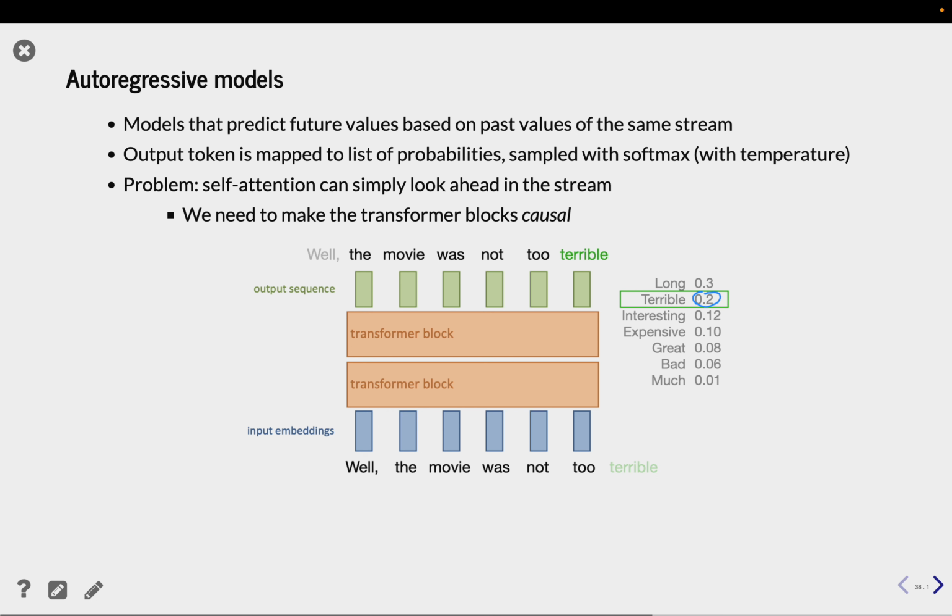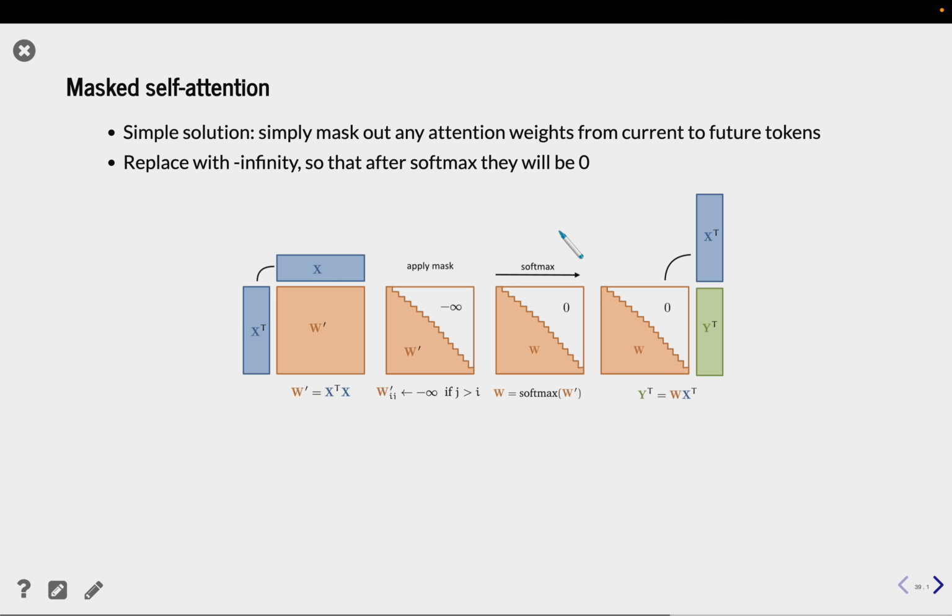One more thing is that if we want to have an autoregressive model, the tokens can only look backwards, right? So we need to make the transformer causal. And to do that, we can do a simple trick. We can take our weight matrix W, which is the matrix of all the attention values, and we're going to mask out this part of the matrix.